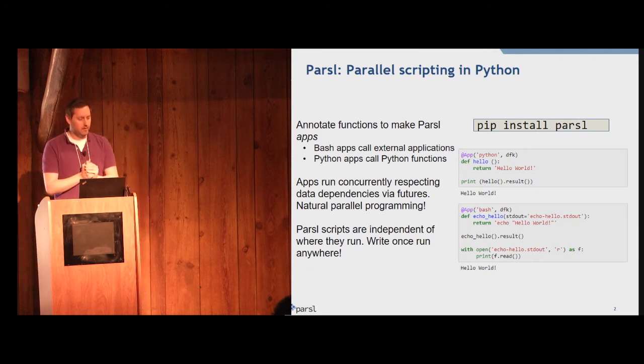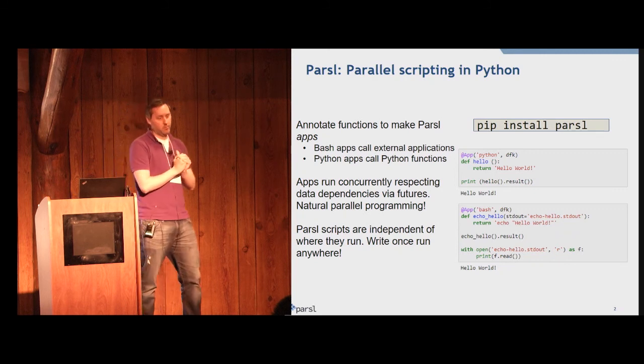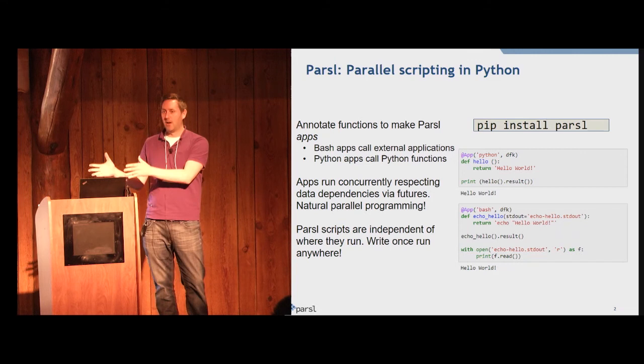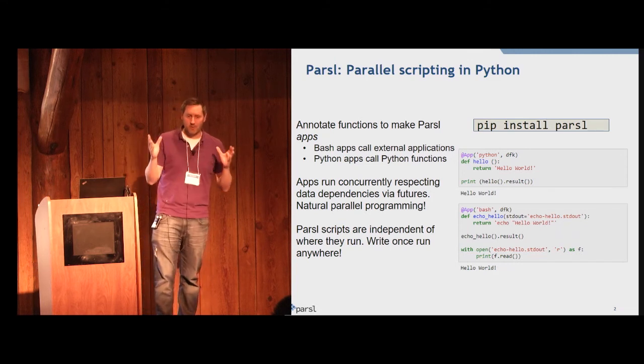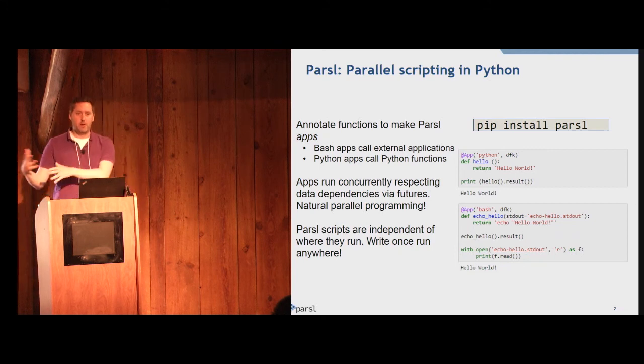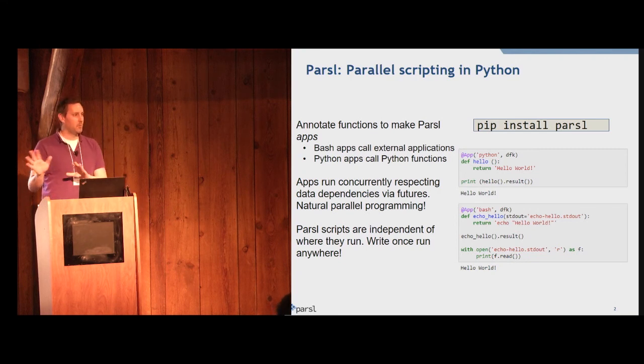One of the really big advantages of Parcel is that these scripts are independent from where they run. So we're really focused on transparency. You write your script once, run it anywhere. We don't want to be in the situation where I've got this Parcel script running on Blue Waters, now I need to update it to run on Mirror or Theta or Argon. We want to basically say, let's keep that Python script the same. Yeah, we've got some config issues behind the scenes that we need to tweak.